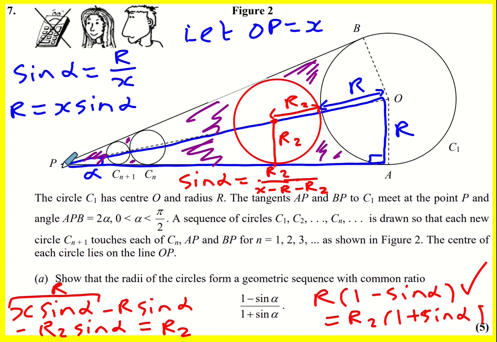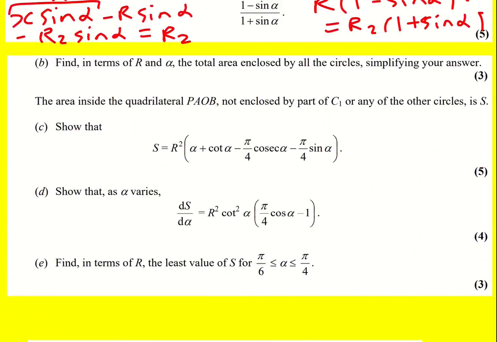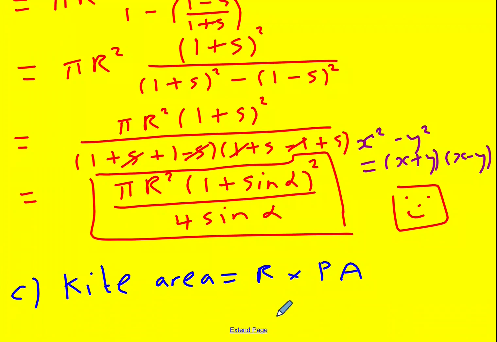However, we can get PO, because PO is not quite all of the circle radii added together. It's the first radius plus 2 lots of the second radius plus 2 lots of the third radius, and so on. So find PO.